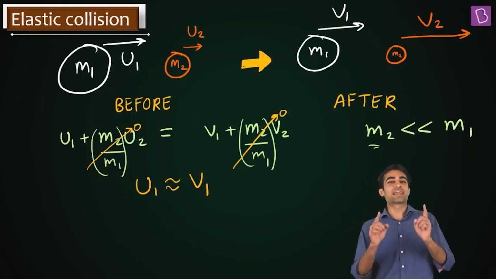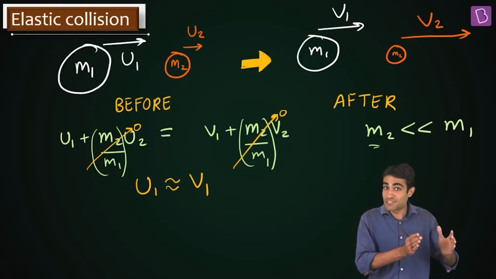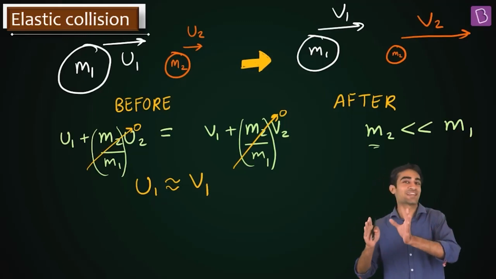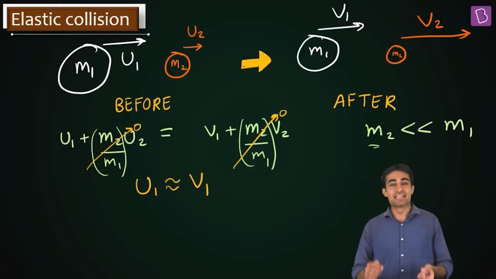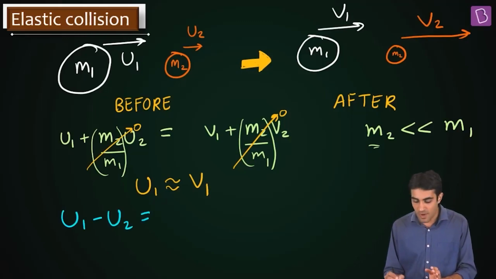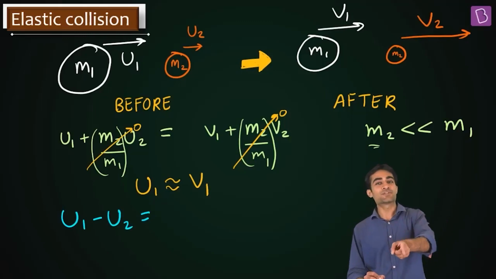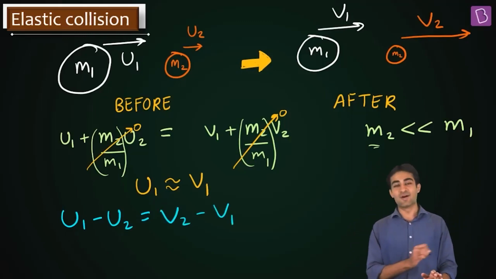Now, what was the second equation? The second equation was speed of approach is equal to speed of separation. So, the speed of approach in our case is nothing but u1 minus u2. What is the speed of separation? Speed of separation is v2 minus v1.